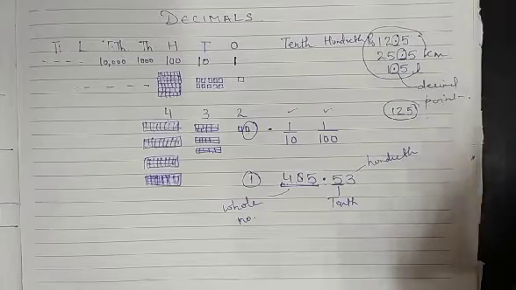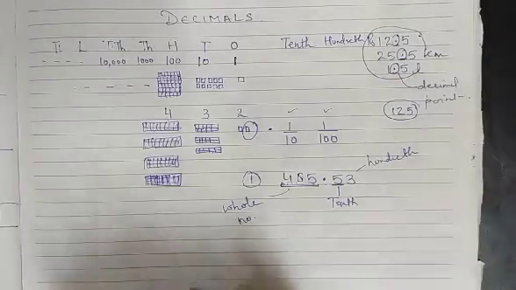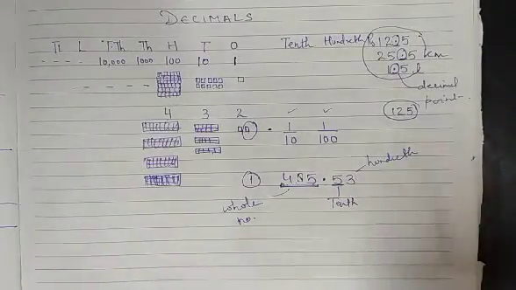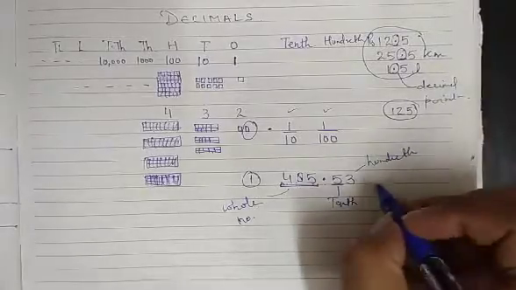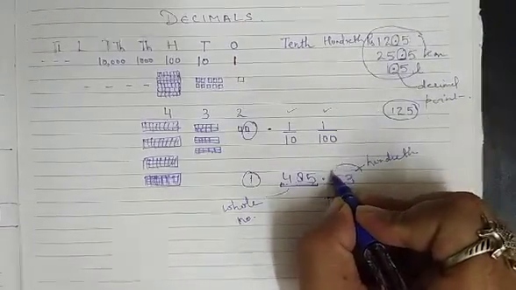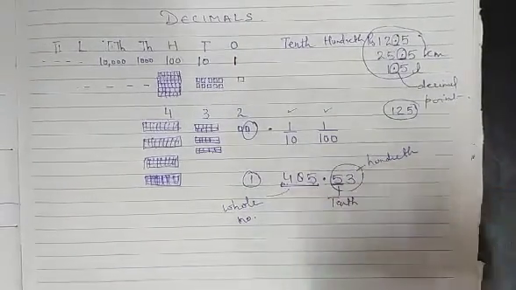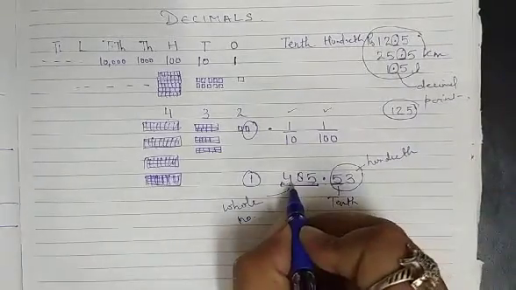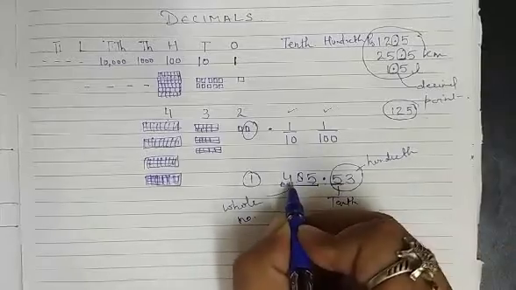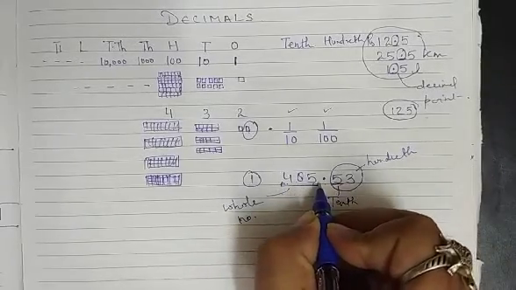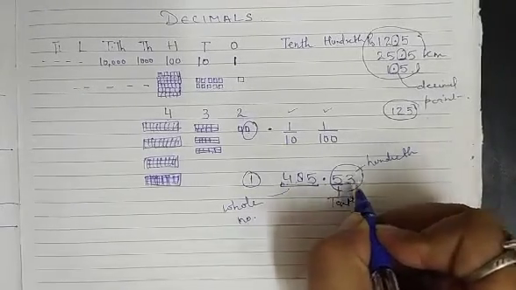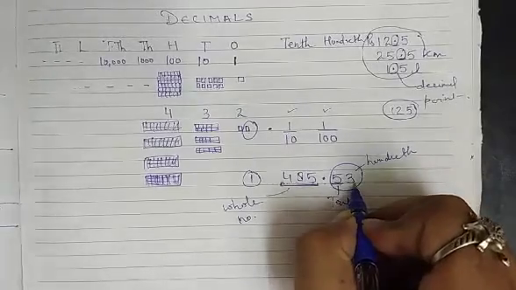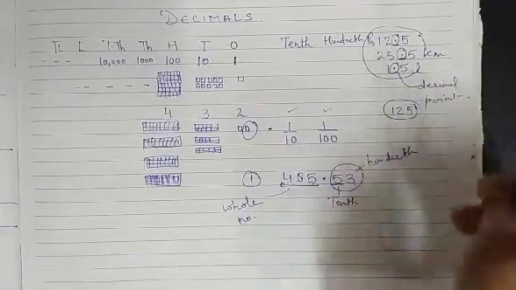Clear? Now, how to read it? We are going to read each digit separately. For example, if I have to read this number, 485.53. Clear?